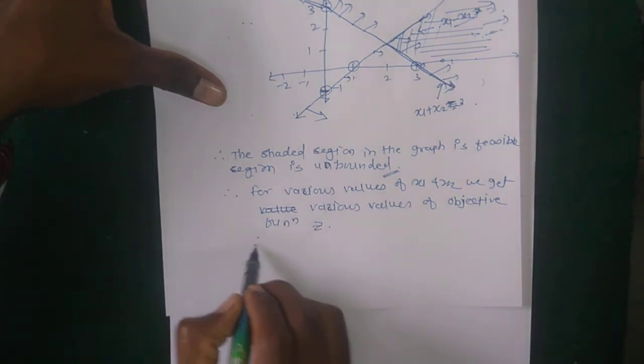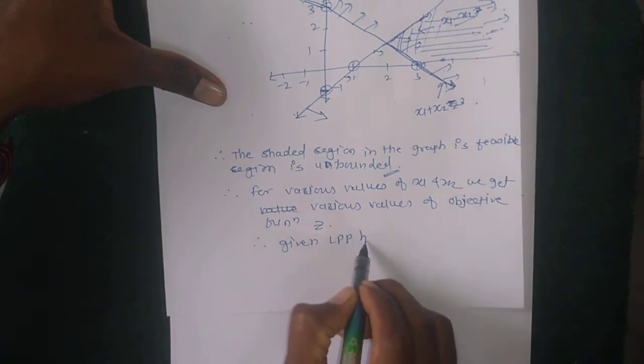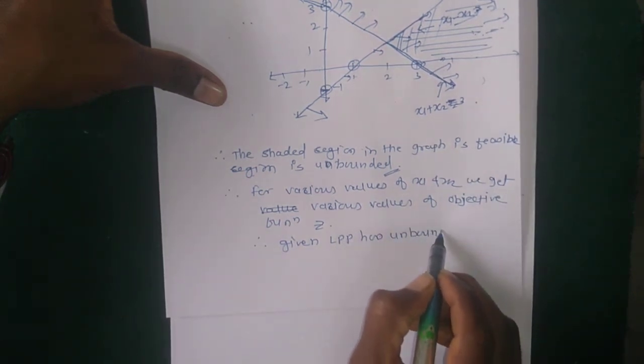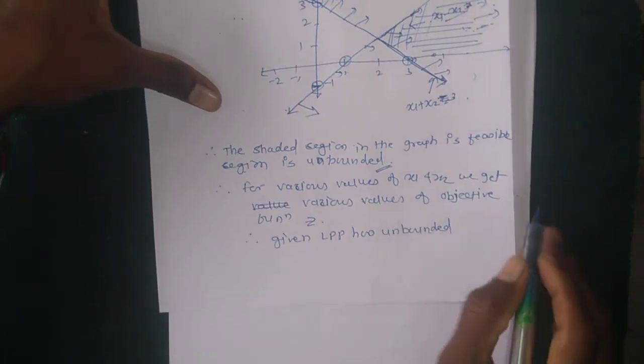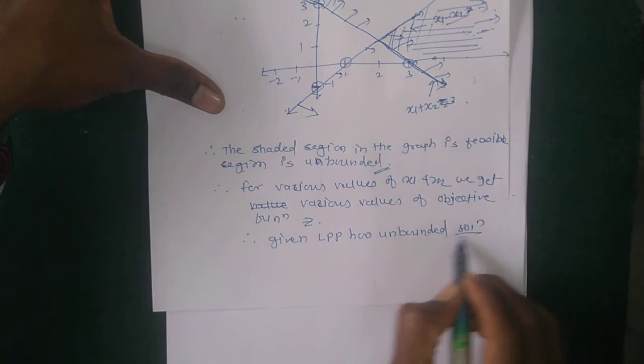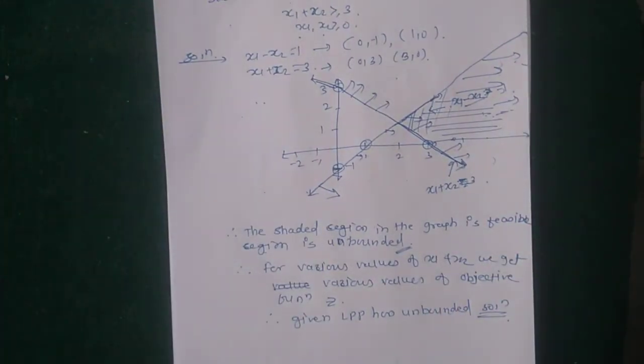That is, the given LPP has an unbounded solution, that is, the solution does not exist. Okay, this is an unbounded solution.